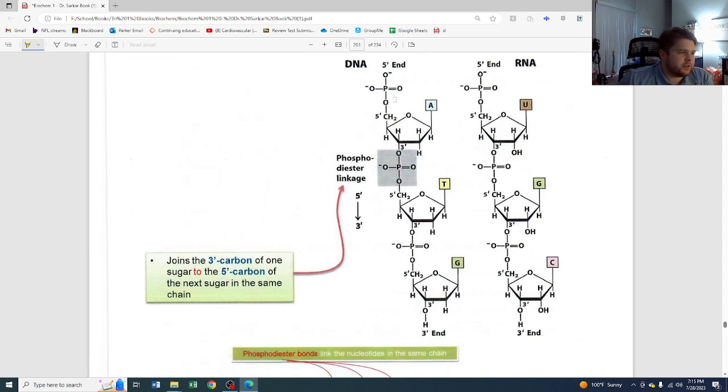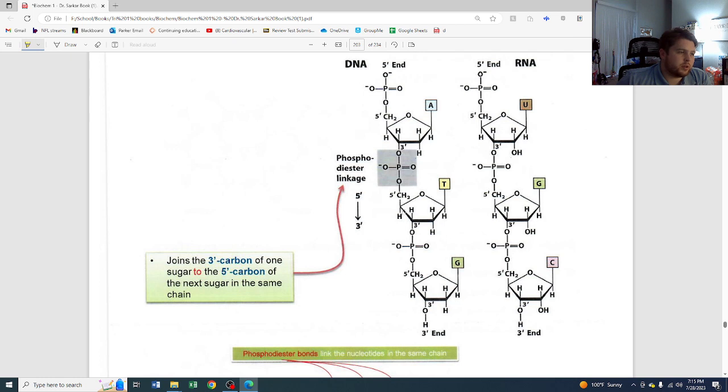In this case, the phosphate binds the two of them together. It joins the 3' carbon of one sugar to the 5' carbon of the next sugar in the same chain.